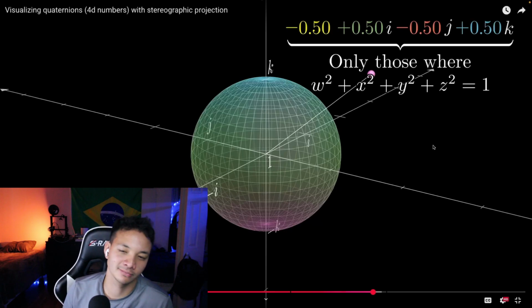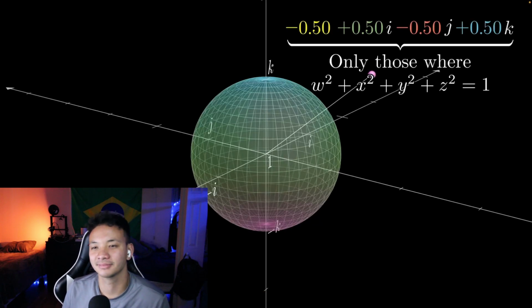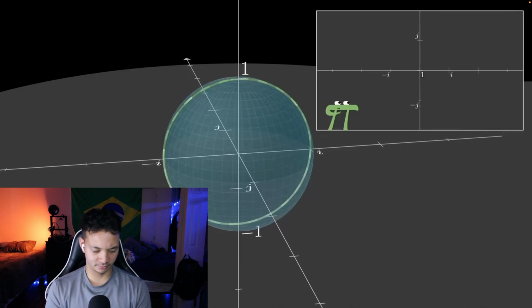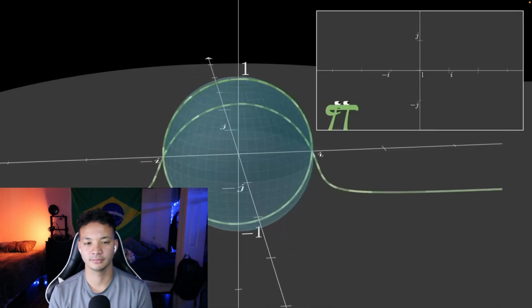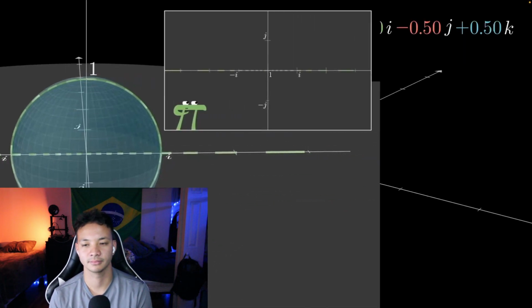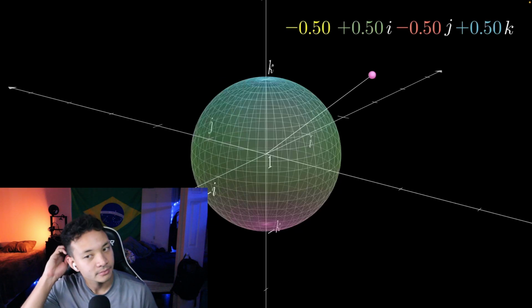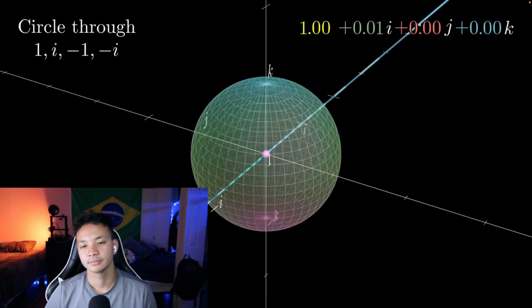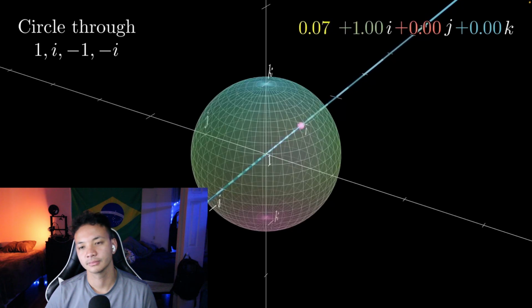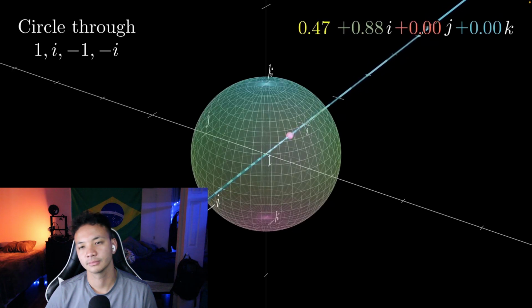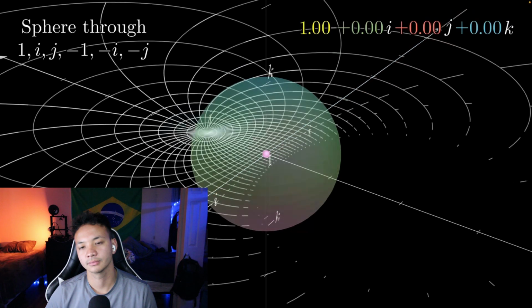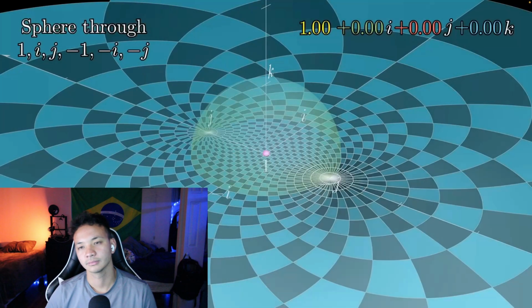It's invisible to us. In the same way that for Felix, the circle passing through 1, i, -1, and -i got projected into a line through the origin. When we see this line through the origin passing through i and -i, we should understand that it really represents a circle. Likewise, up on the hypersphere, invisible to us, there is a unit sphere passing through 1, i, j, -1, -i, and -j.